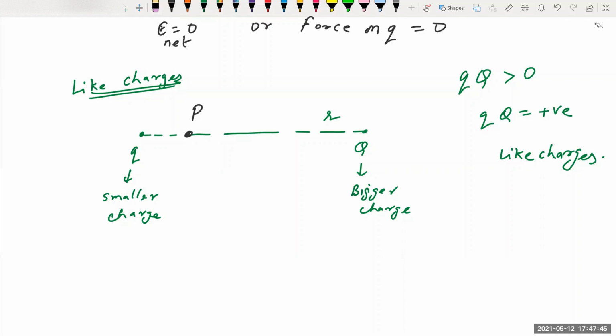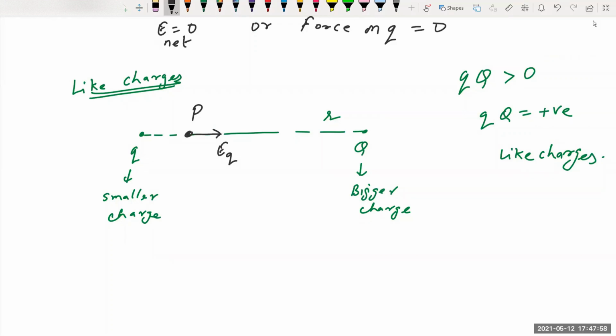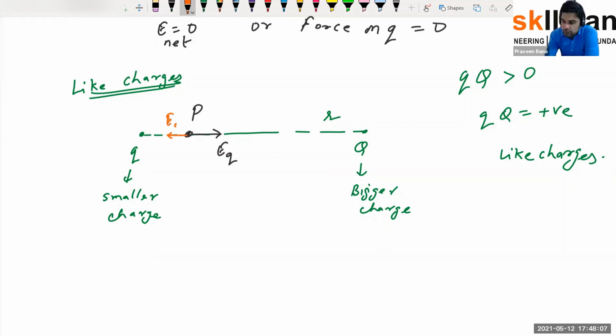Towards big Q. Yes, right. So I can say the electric field due to small q would be in the right hand direction. Now, what about the electric field due to capital Q? Towards left. So how did you know that the electric field from both the charges will be towards right or left? Because like charges repel each other.